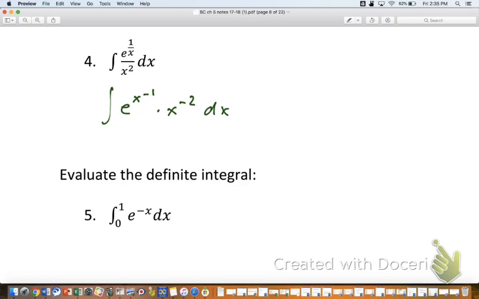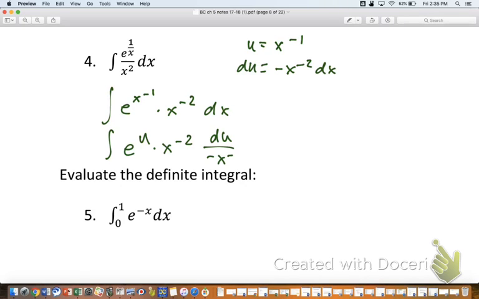And maybe I'll do u sub here. If I was going to set this up with u substitution, what would my u have to be? x to the negative 1. And then my du would have to be? Negative x to the negative 2, and don't forget dx. So then when you start substituting, you get the antiderivative of e to the u times x to the negative 2. What could I replace the dx with? That's right. And do you see how everything will cancel except for that extra negative hanging out there?